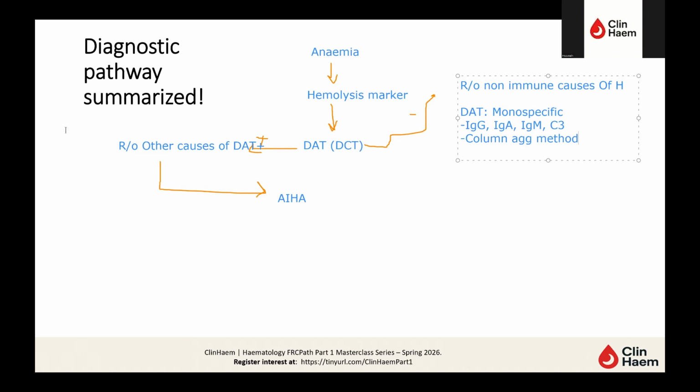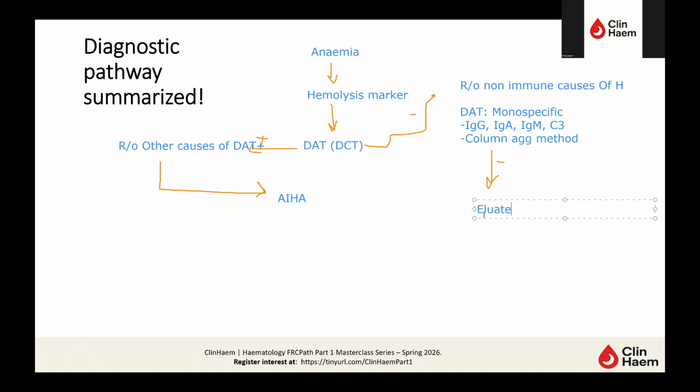So if you haven't found any non-immune cause so far, and the monospecific DAT in the right method is negative as well, the last step that you do to make sure this is not autoimmune is an eluate.